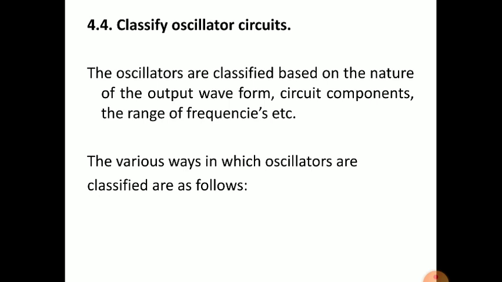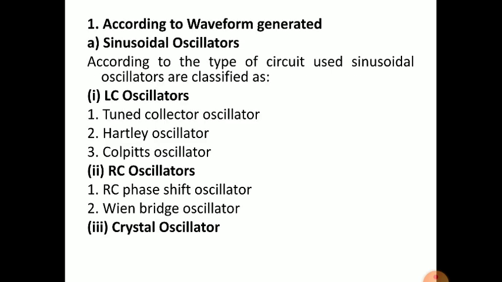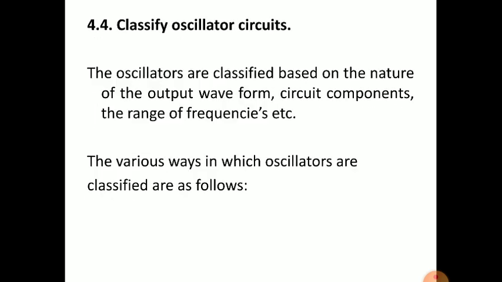Now moving on to the next topic, that is classification of oscillator circuits. The oscillators are classified based on the nature of the output waveform, circuit components, range of frequencies, etc. Based on these parameters, we can classify them in various ways.